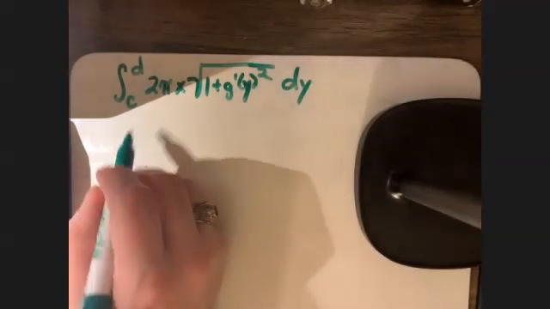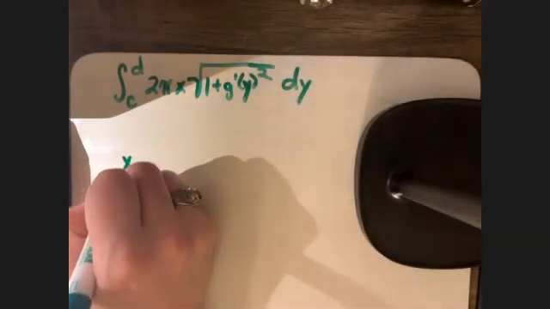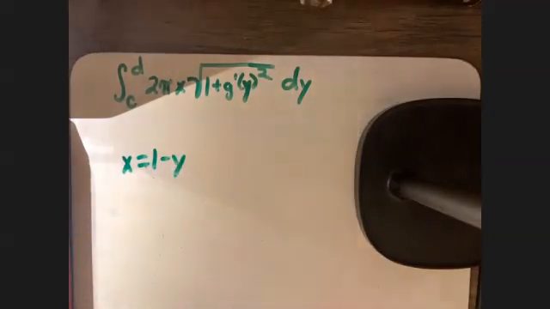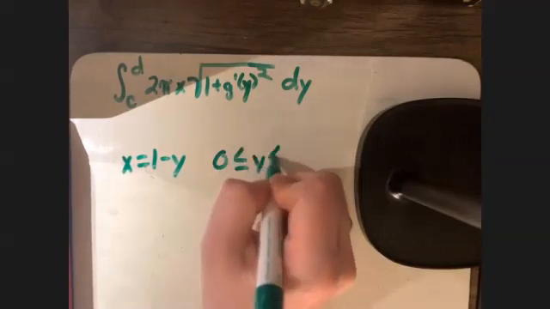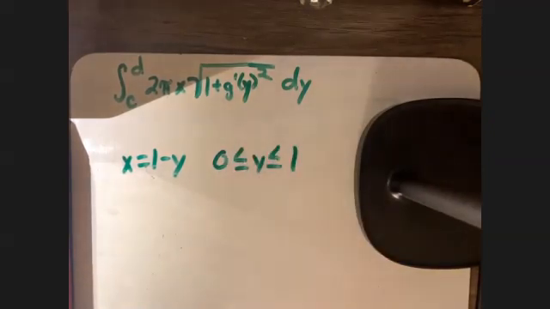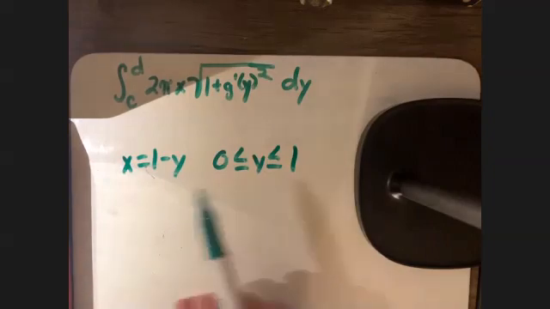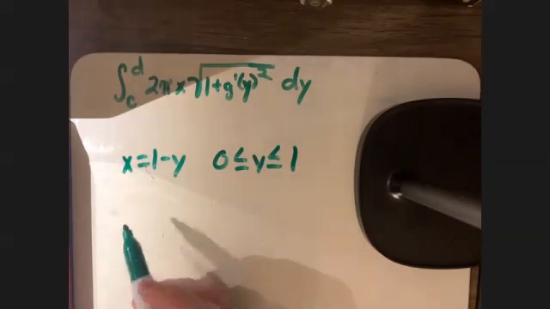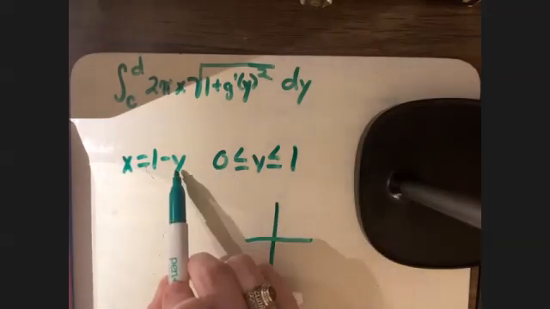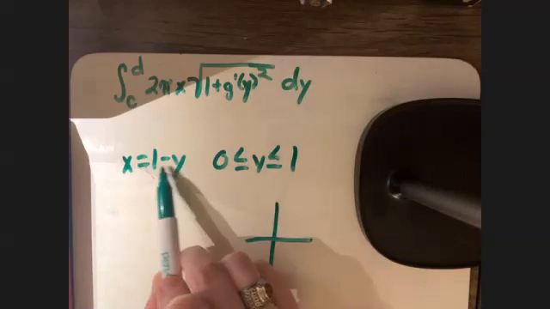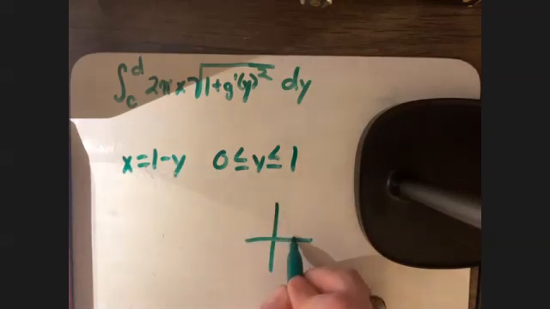So we are going to look at the line segment x equals 1 minus y. So pretty. They've already got it in terms of y for me. And we're going to go from 0 to 1. And we're revolving around the y-axis, so we're in terms of what we need to be. And this is going to make a cone. If we think about this, if I plug in 0 for y, 1 minus 0 is 1, so we are at (1, 0).